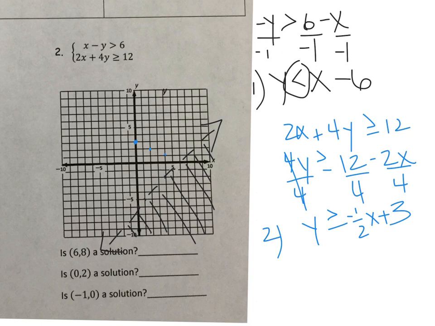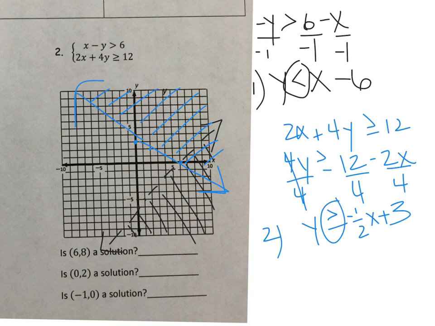Down 1, right 2, so on and so forth. This symbol, however, means I'm going to have a solid line. So I'm going to go ahead and make my solid line. And it says y is greater than or equal to, so that means anything above the line needs to be shaded.